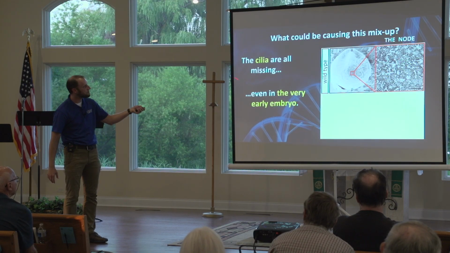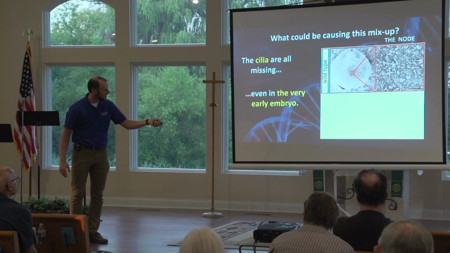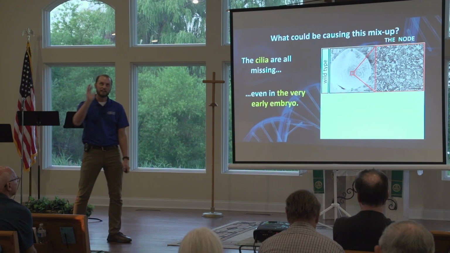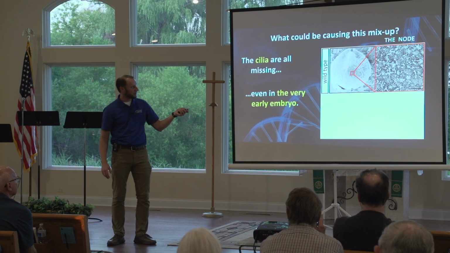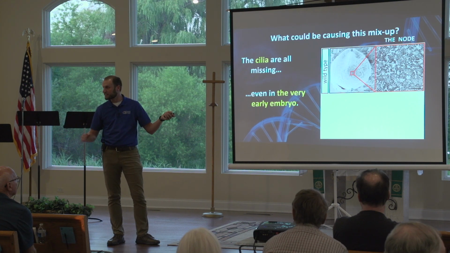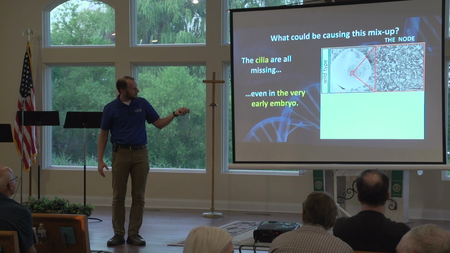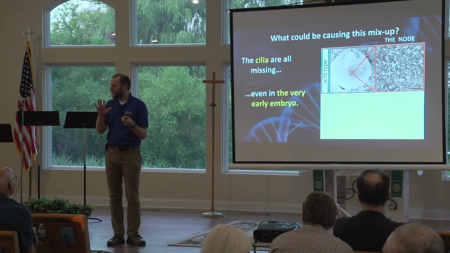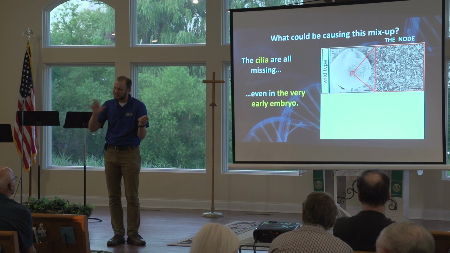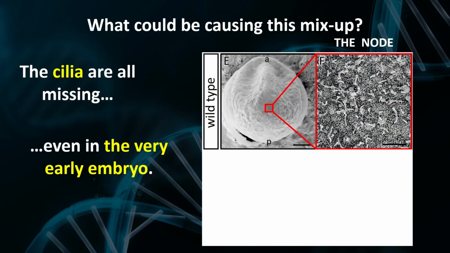Well, the cilia are missing everywhere, including in the very early embryo. If you were to look in a very early embryo, this is about 7 days into development. We're looking down at it as if this little spot there is kind of like its belly button. That's not quite accurate, but you can think of it that way. And if you were to look into this structure called the node, you would find all of these primary cilia.